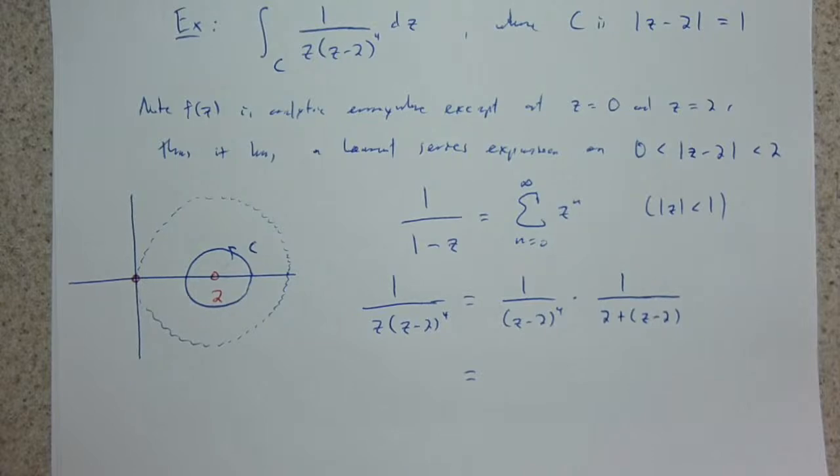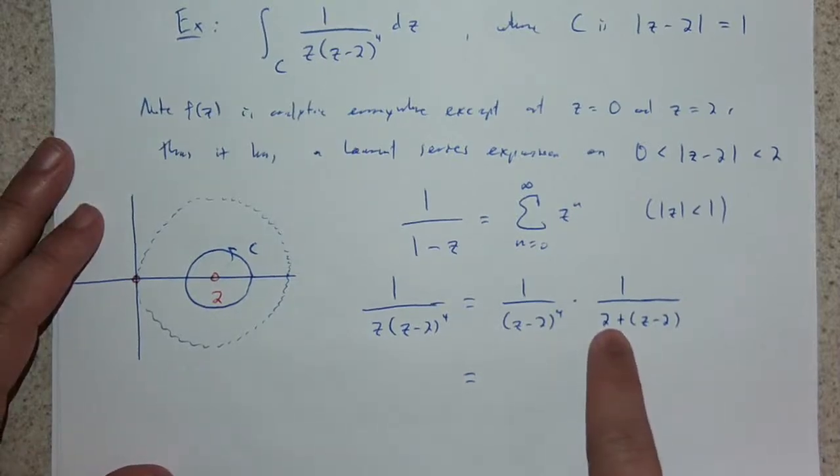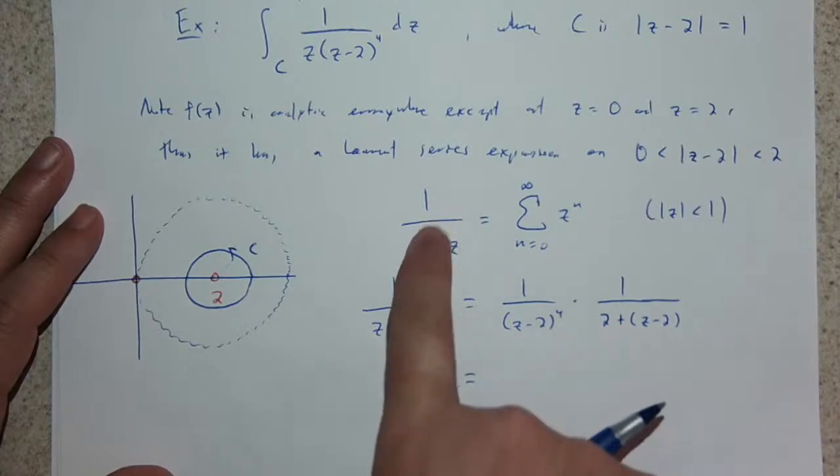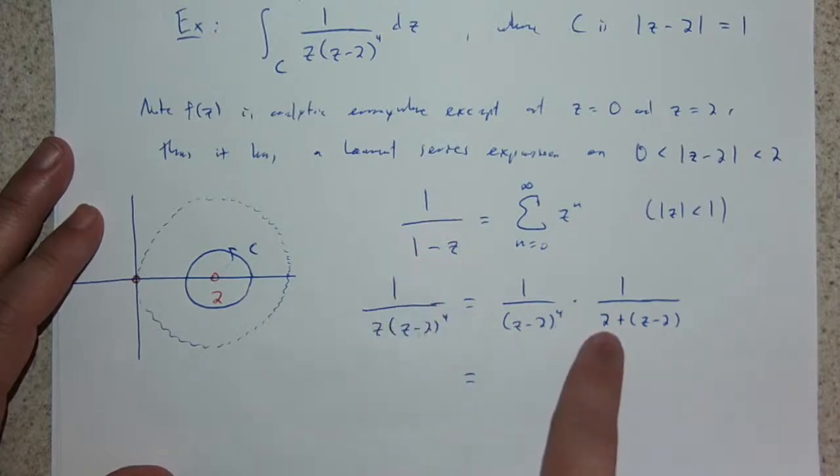Here I can pull a 2 out, because I need this to be a 1 and this is a 2, so I can factor a 2 out of the denominator.